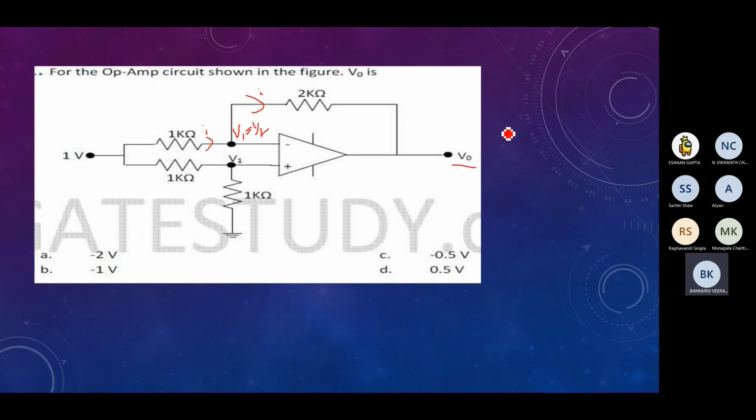So we get (1 minus 1 by 2 minus V out) divided by 2 is equal to (1 minus 1 by 2) upon 1. By solving, we get V out equal to minus 0.5.